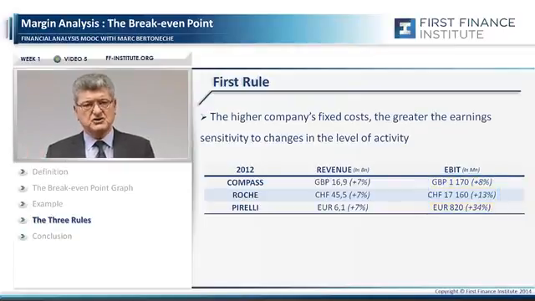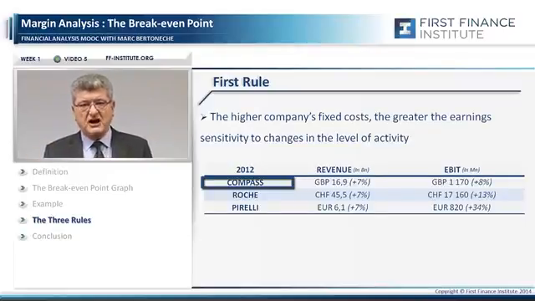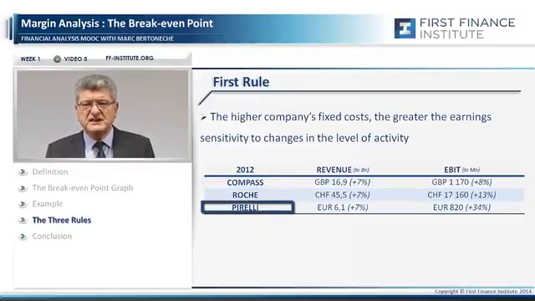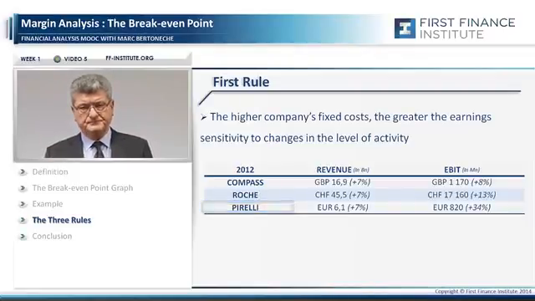Why such a difference? The answer is, for a big part, linked with a difference in the cost structure of the three entities. Compass has a high level of variable cost. When you sell a meal, the essential costs are variable, raw materials. While Pirelli, to produce its tires, needs plants, machinery, equipment, a high level of fixed cost. So rule number 1 is the following.